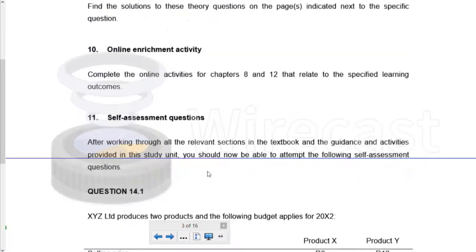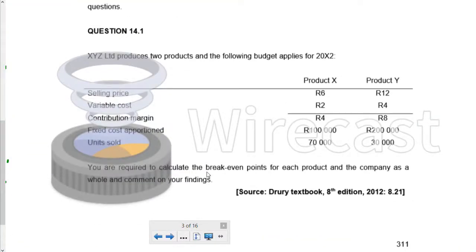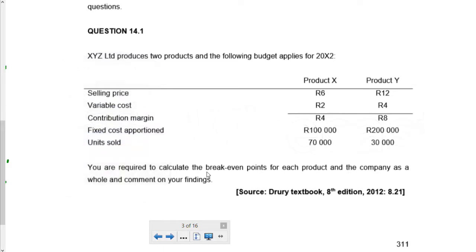On page 311, you'll see it says XYZ has two products. The products are product X and Y, and they've given you the contribution for each of the products, 7 and 8. Then they've told you that there are fixed costs that they have apportioned. They will sometimes give them to you like that, but remember, this apportioning of fixed costs is just arbitrary, isn't it?